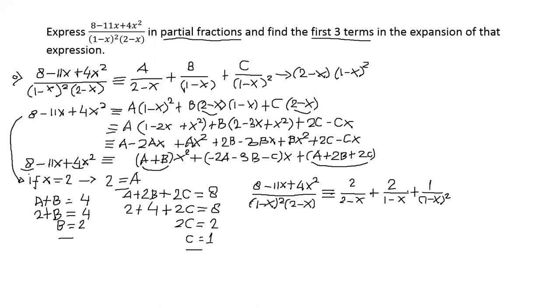So we have to convert these partial fractions into exponent expressions: 2 times (2 minus x) to the power negative 1, plus 2 times (1 minus x) to the power negative 1, plus 1 times (1 minus x) to the power negative 2.